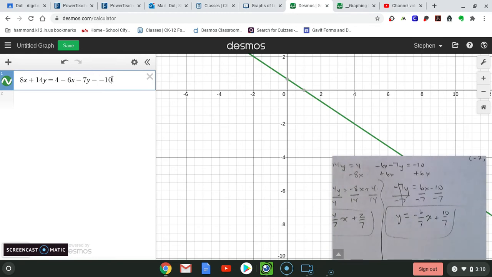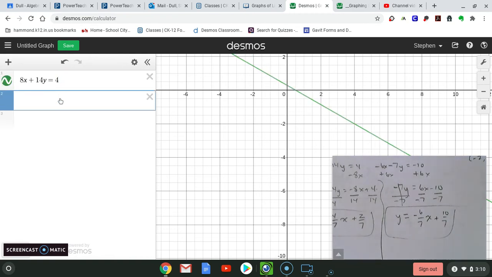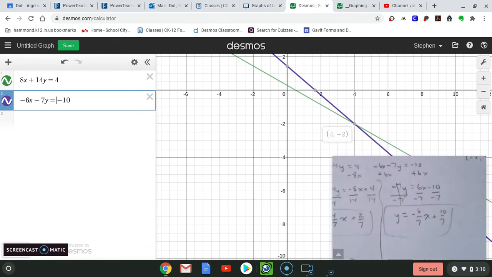Oops. Got a little ahead of myself there. All right. So now we can see the point of intersection is the point 4, negative 2.